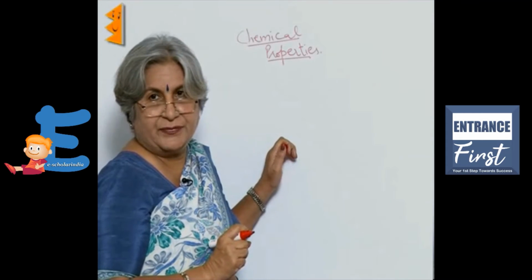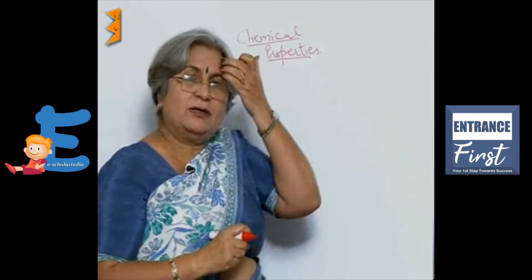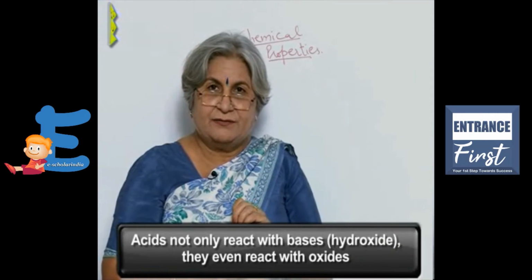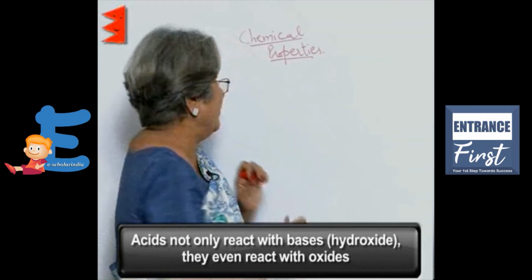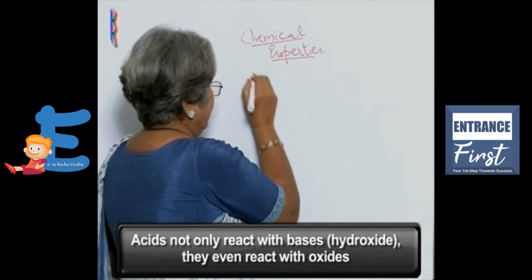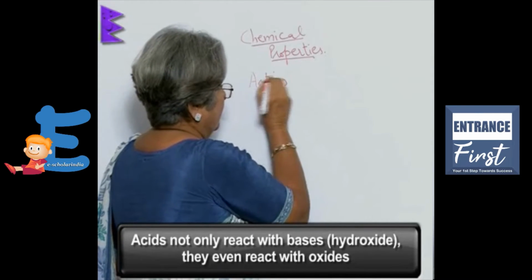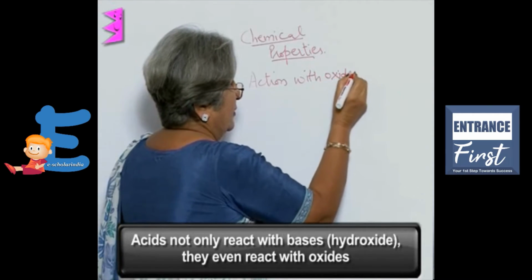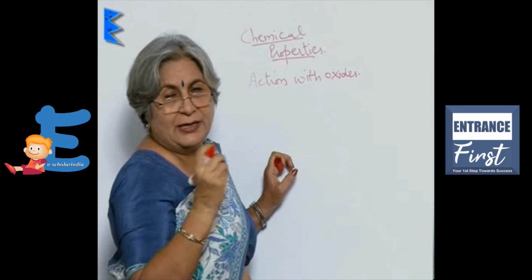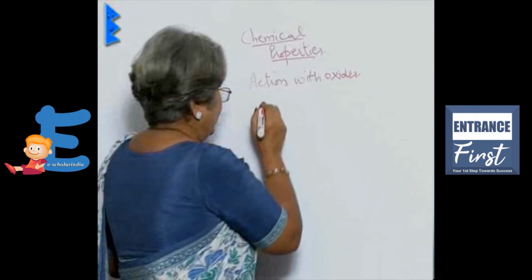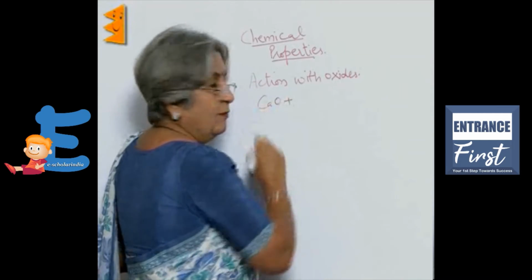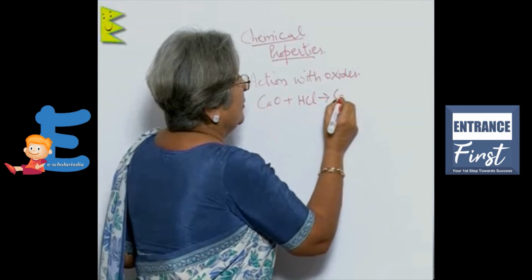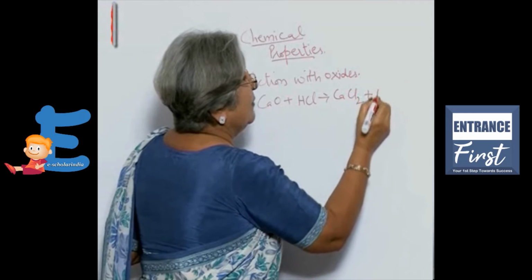Another property of acids is that they not only react with bases, which are the hydroxides, they even react with oxides. You take quicklime, which is calcium oxide. Pour over it hydrochloric acid. You will get calcium chloride and water.